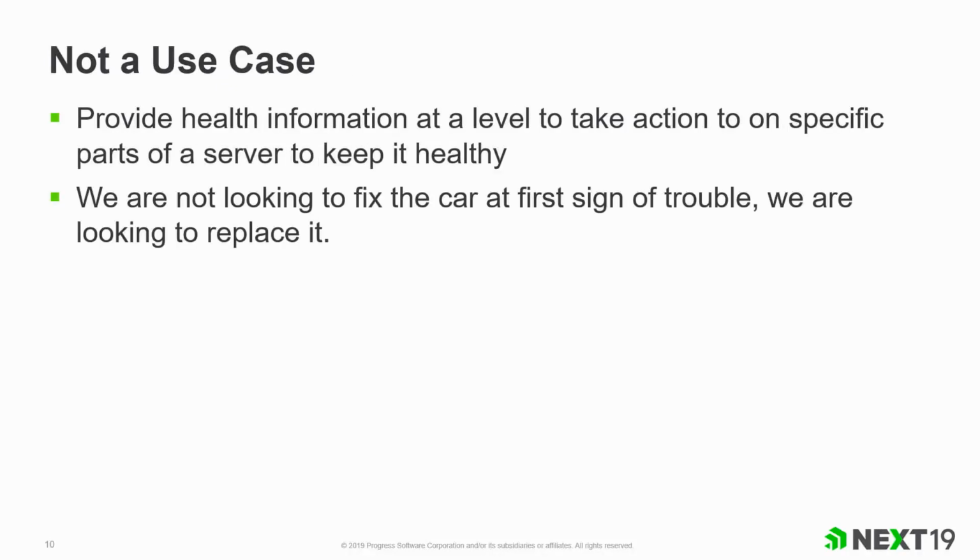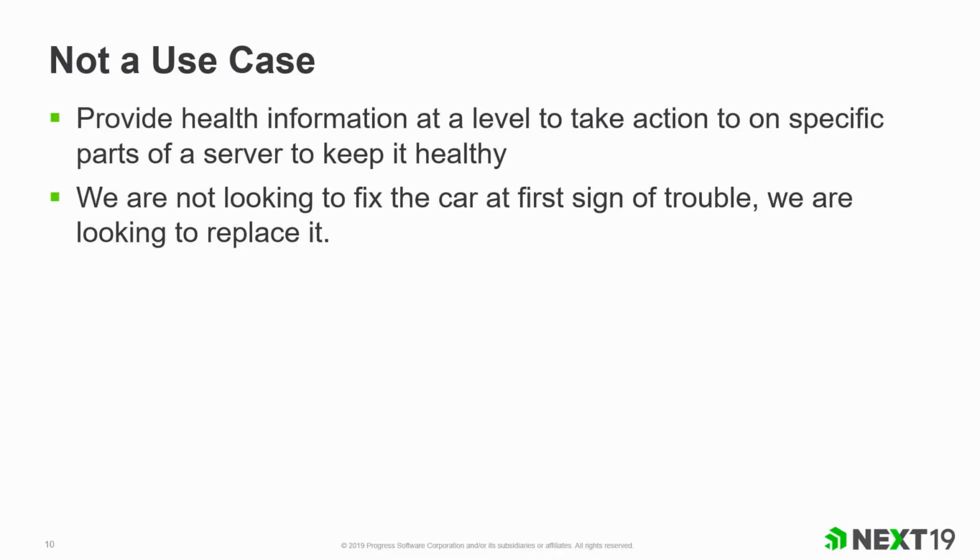Another use case is to provide health information at a level to take specific action on parts of a server to keep it healthy. Now, this has already been part of PASOE through our JMX interface. You can use tools like Nagios and then ProTop, which I'll be showing later.